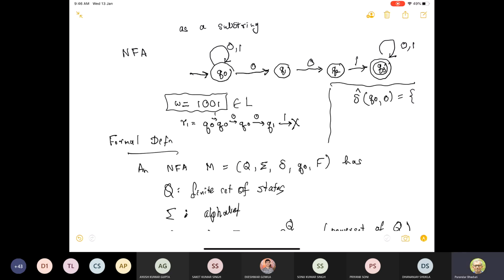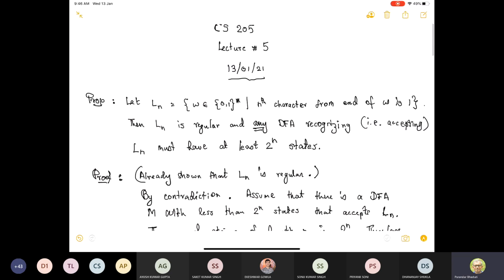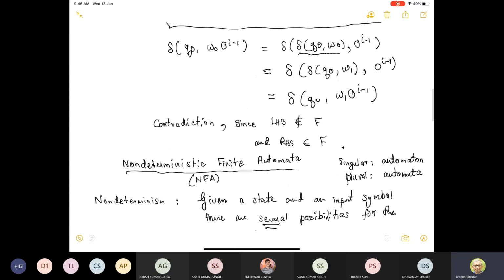This is the set of states which are reachable on reading a zero, right? So you can reach both Q0 or you can reach Q1. In fact, this comes from the definition of delta itself.